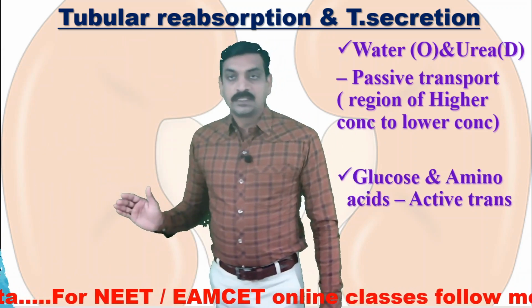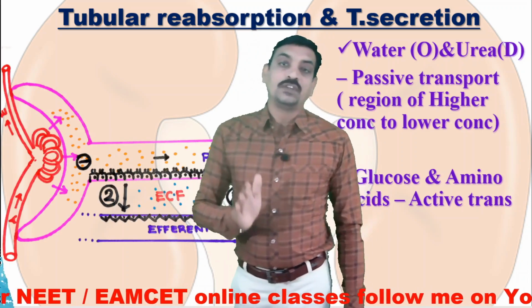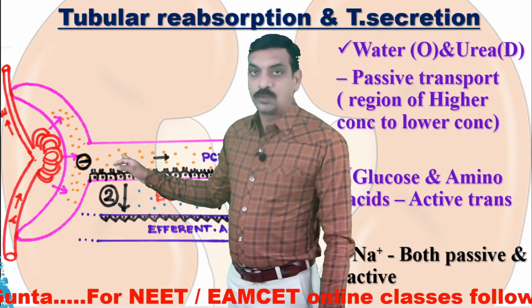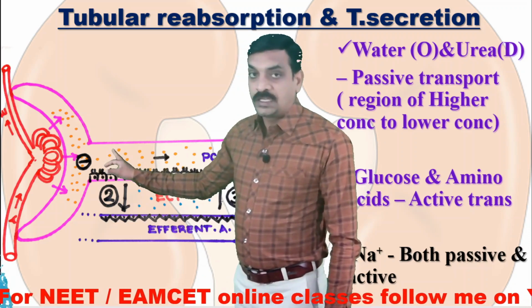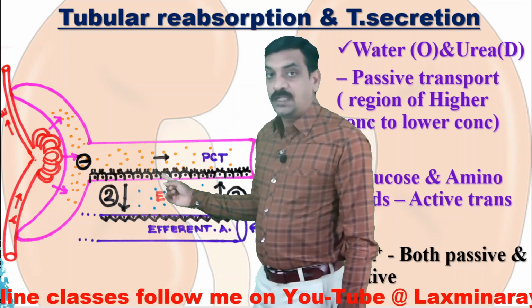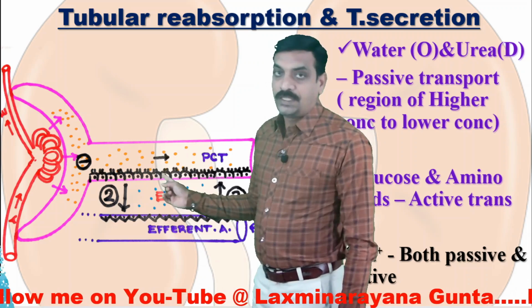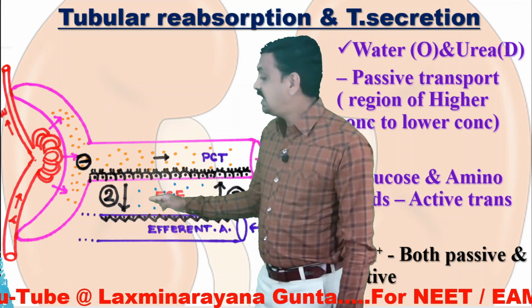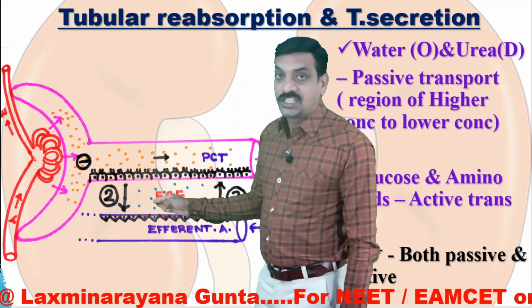Whereas sodium ions are transported both actively and passively. The sodium ions present in the tubular fluid are transported to the epithelium of the renal tubule passively, but from there they have to move into the interstitial fluid.